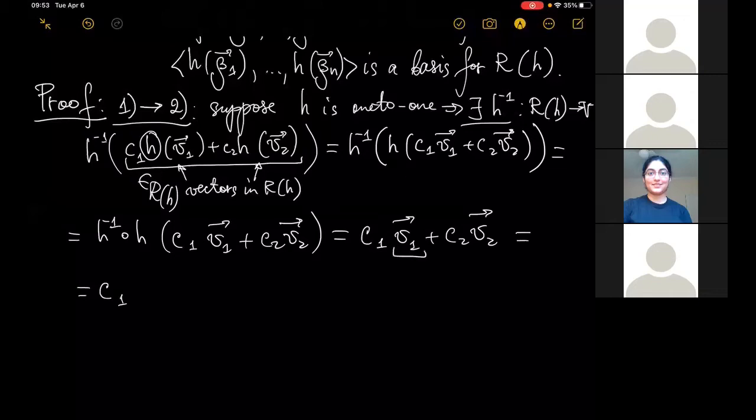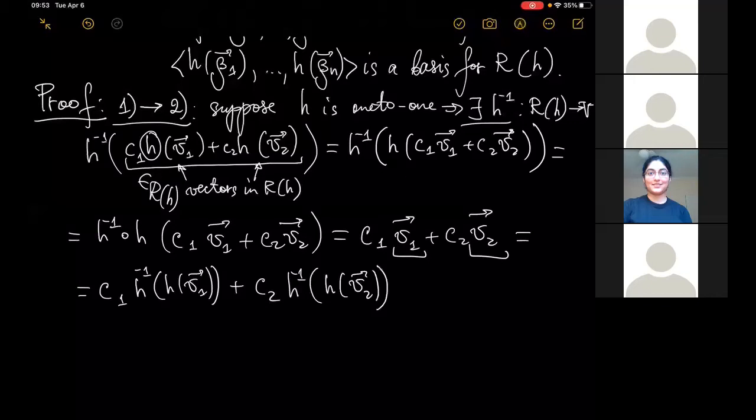This vector V1 I can write as H inverse of H V1, and this vector V2 as H inverse of H V2.